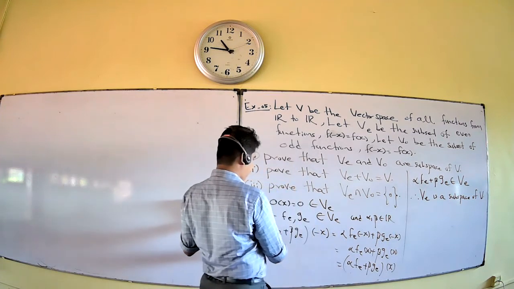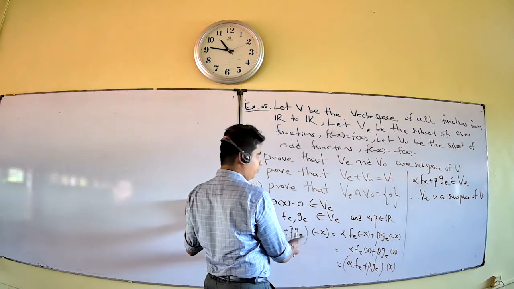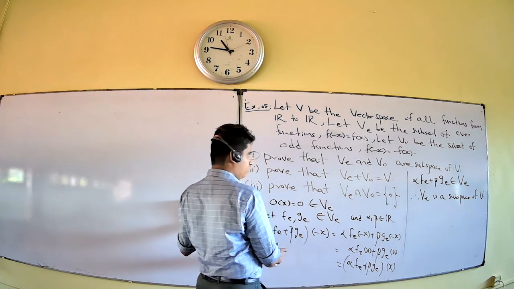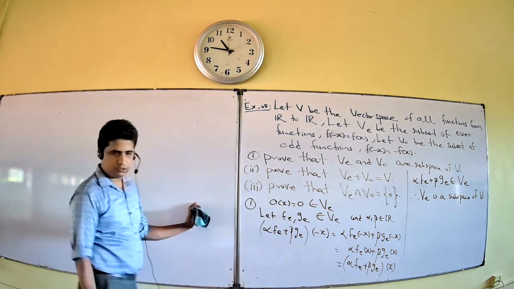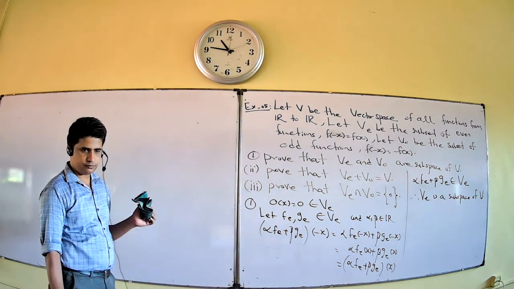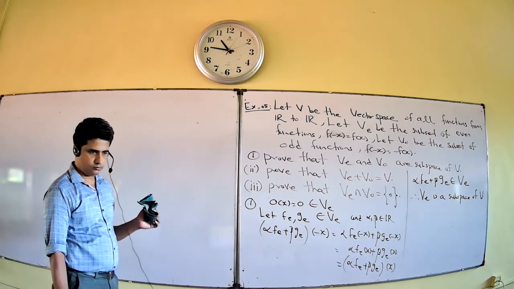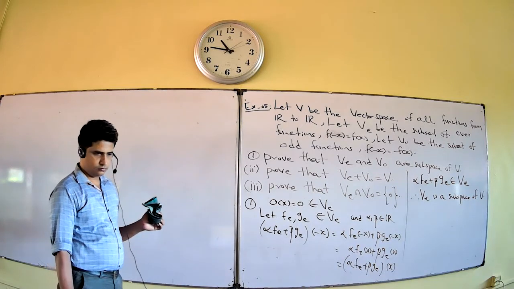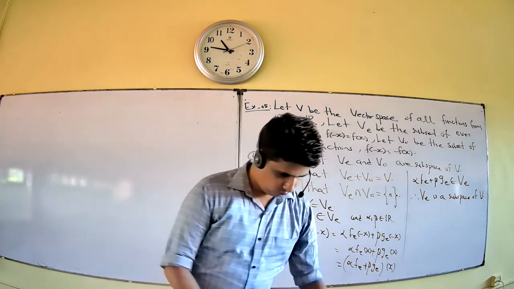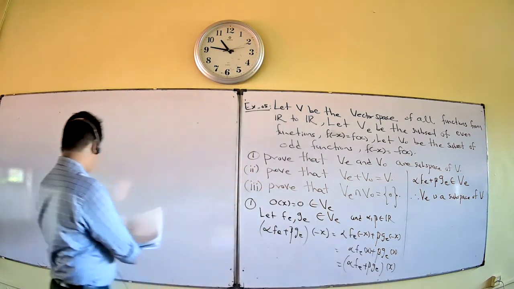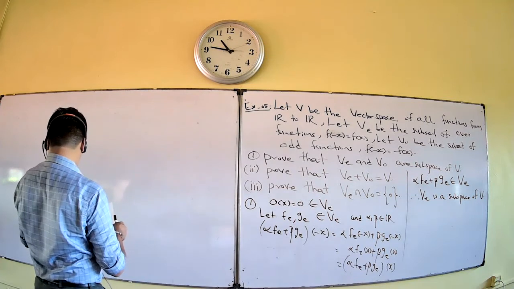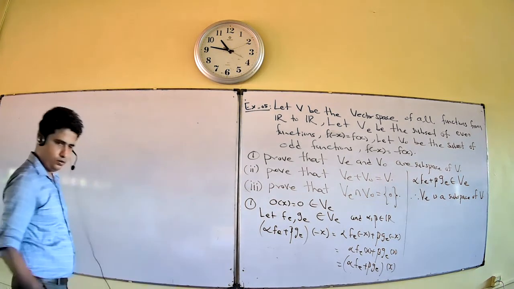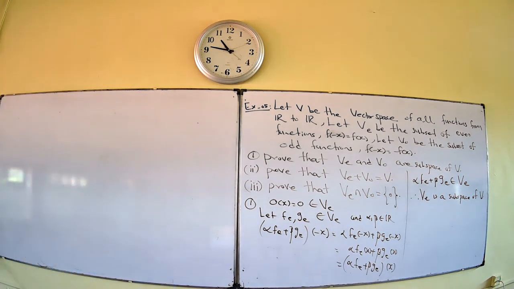Therefore, alpha f_E + beta g_E belongs to V_E. Therefore, V_E is a subspace of V. Okay, V_E is a subspace of V.